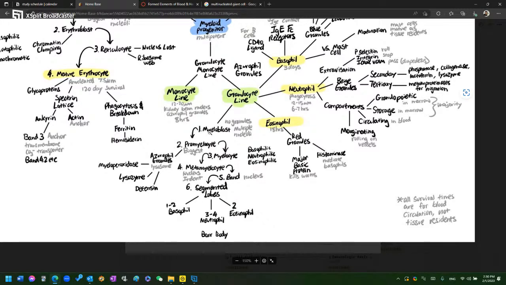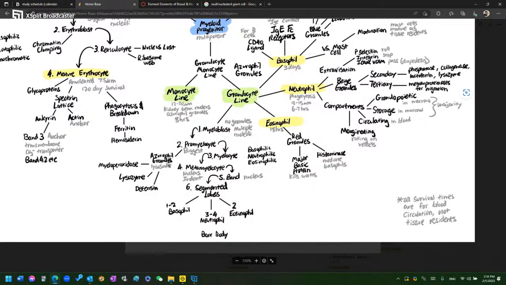So our myeloblast turns into a promyelocyte, and it actually gets a little bigger when it's doing that. The promyelocyte is the biggest one, and that's where it gets its primary granules. It's also called the eosinophil granules, which has our basic lysosomal components.